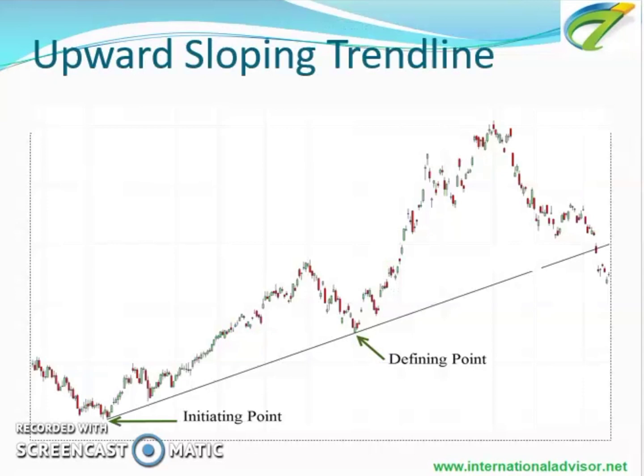That's another example. That was the initiating point, then the defining point, and finally it broke down here. But so far, this is a valid trend line, and that's upward sloping.